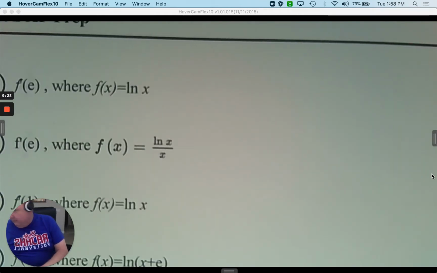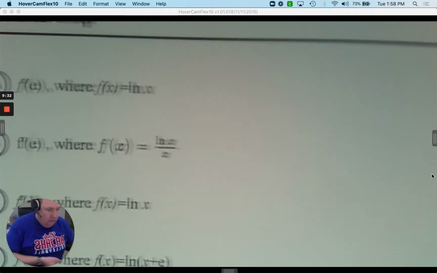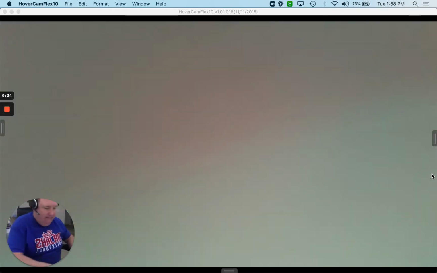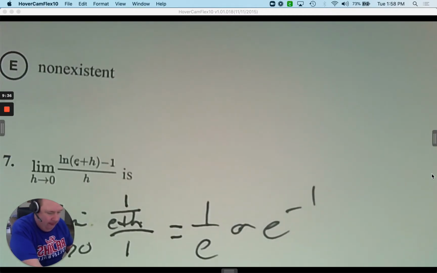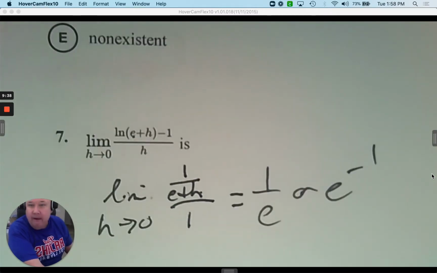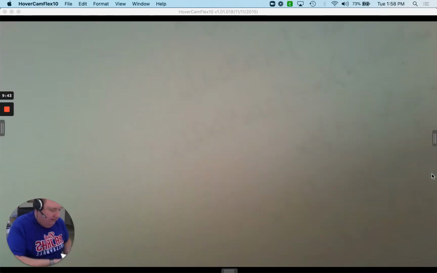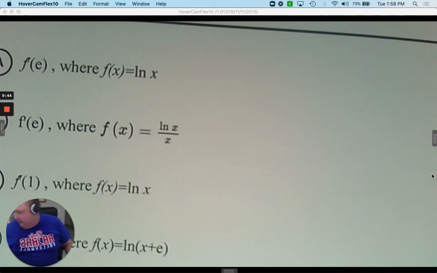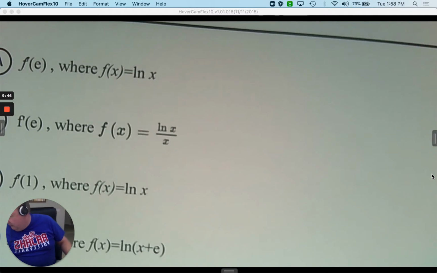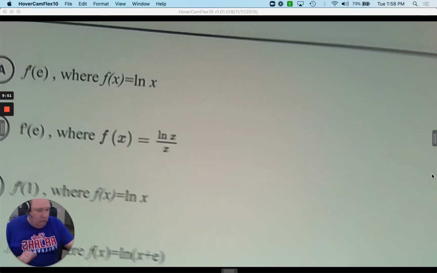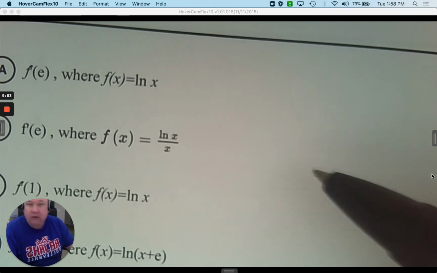So look at number 7. Or let me look at the question again. So the limit as h approaches 0 of that, I get 1 over e, or e to the negative 1. And the answer is none of those.